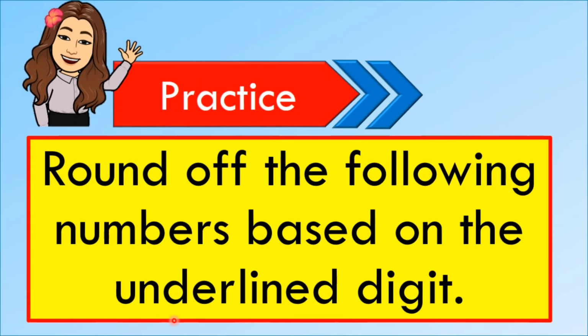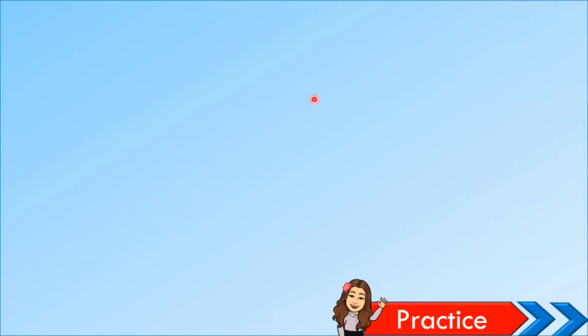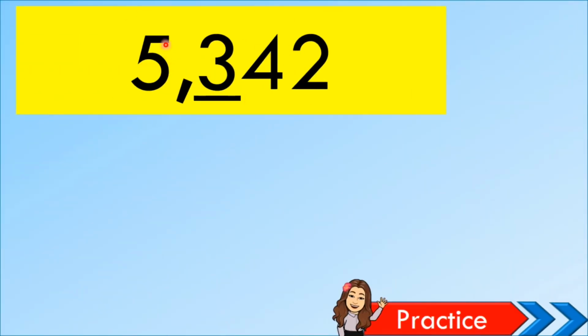So let's do some practice. Round off the following numbers based on the underlined digit. So let us read the number. 5,342. So the underlined digit is 3. So you have to take a look at the digit next to it, which is 4.